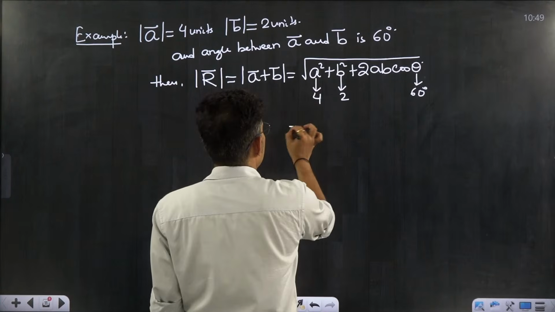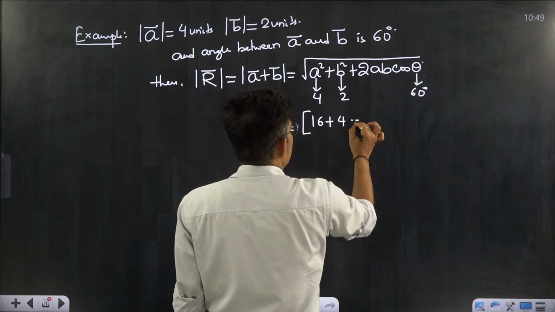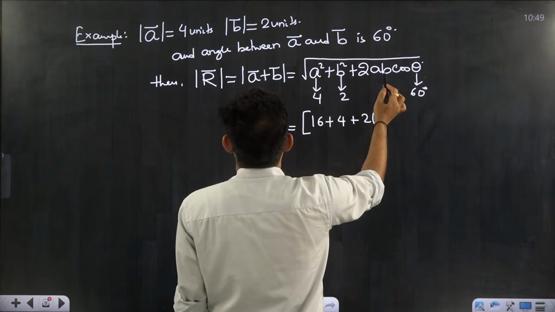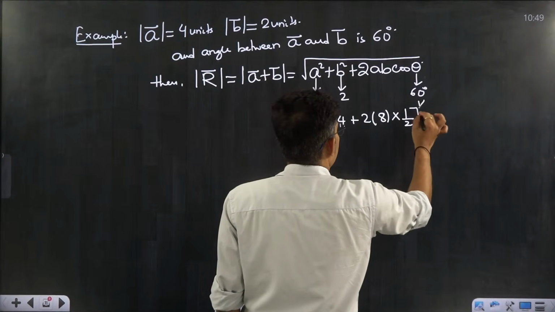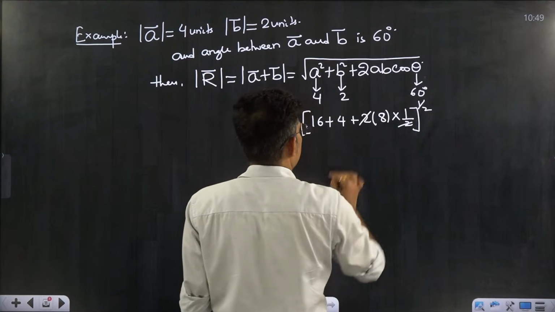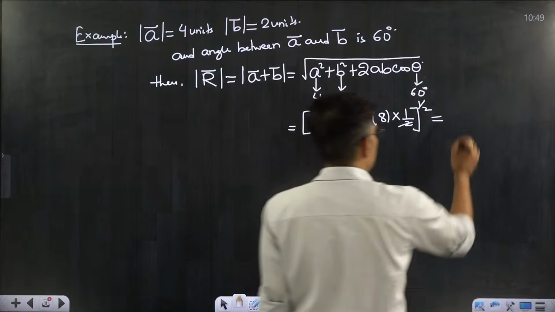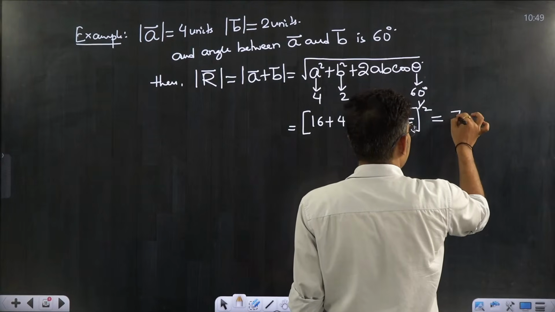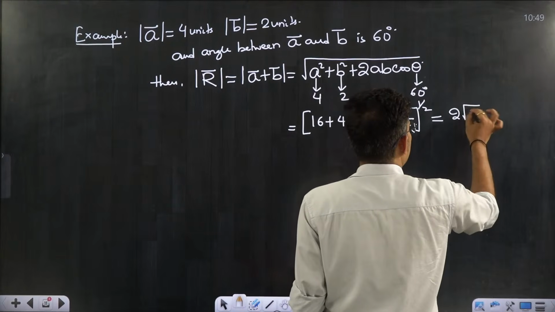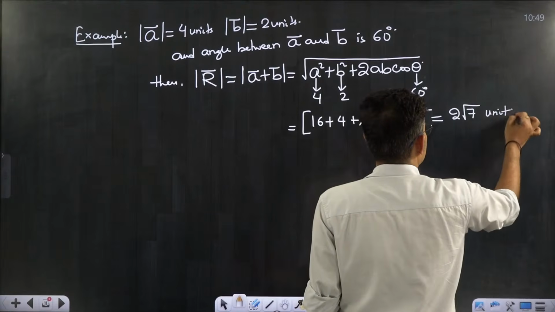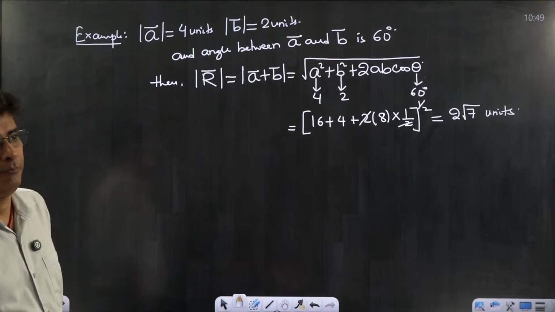Just putting the values, 4 fours are 16, 4, 2 into 4 twos are 8, cos 60 is 1 by 2, 2 cancels. So we have 20 plus 8, 28. Root 28 can be written as 7 fours are 28. So 4 will come outside the root and become 2, inside you will have root 7. So 2 root 7 units is the resultant.